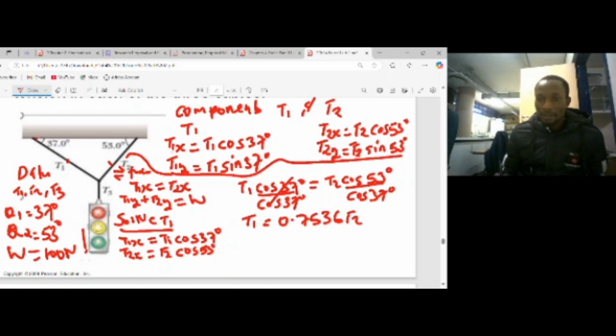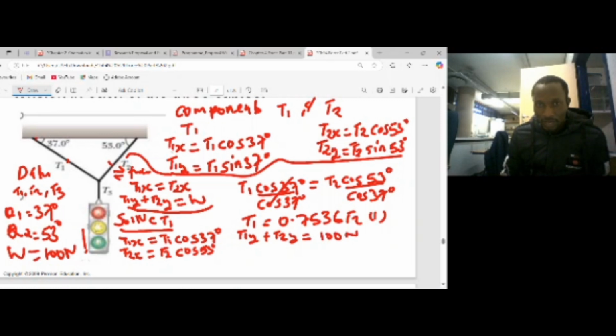So this is the value of T1. Okay, and then we can now solve for vertical components. For vertical components, we're going to say T1y plus T2y is equal to weight, and weight in this case we are told is 100 Newton.